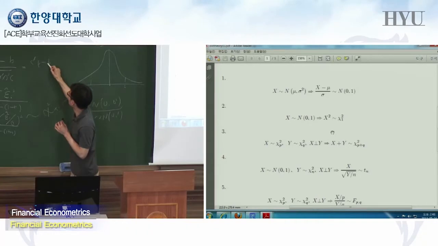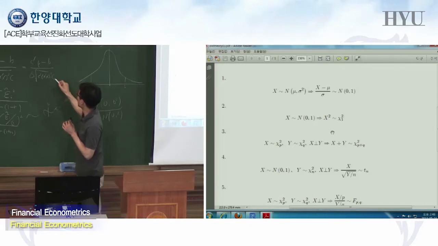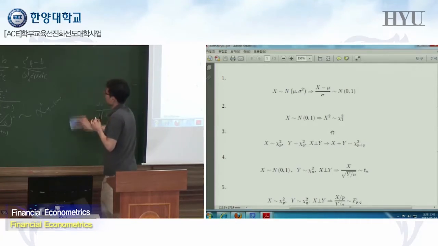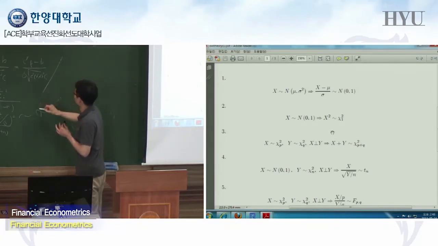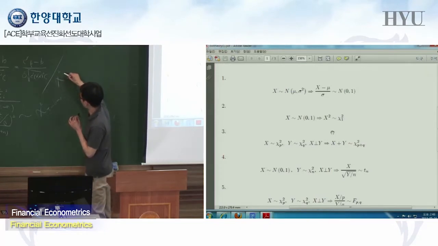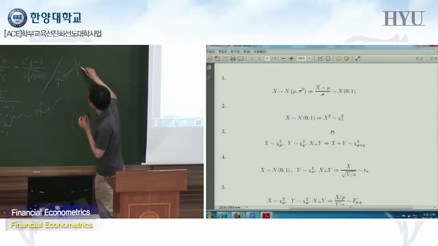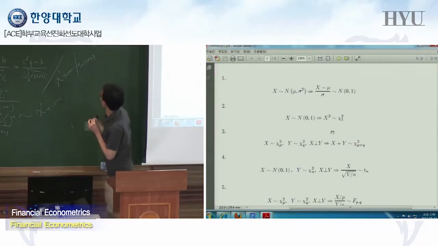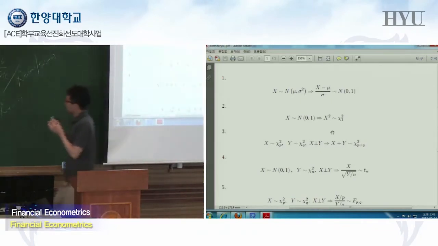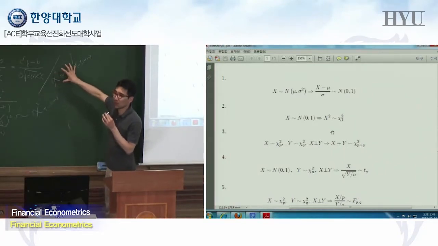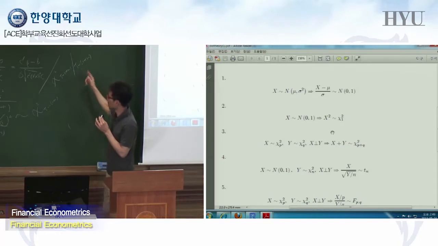From beta minus b, sigma root c, we divide this one with this one, and then we divide the chi-square again by its degree of freedom.